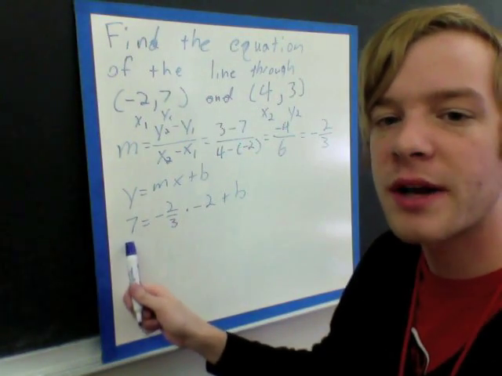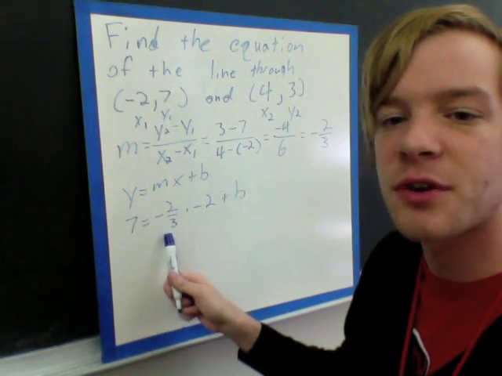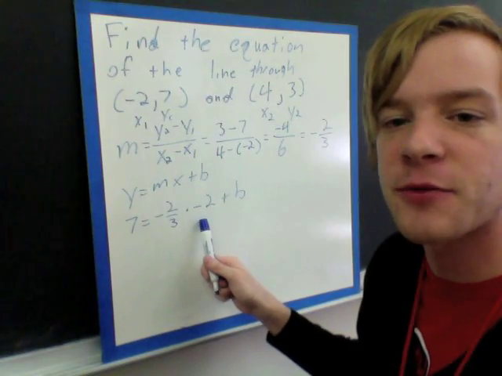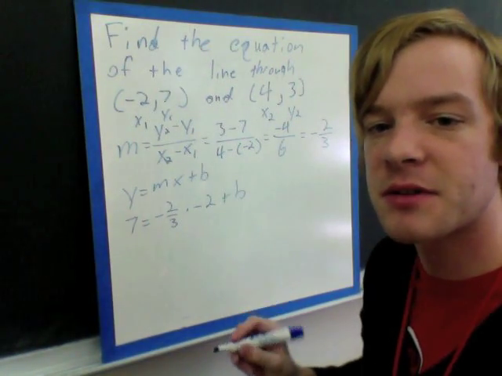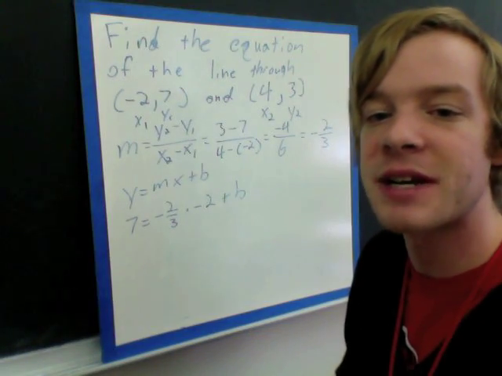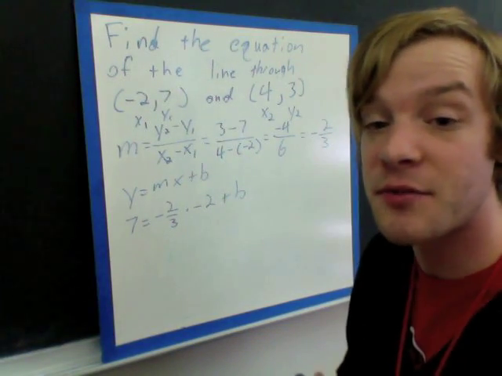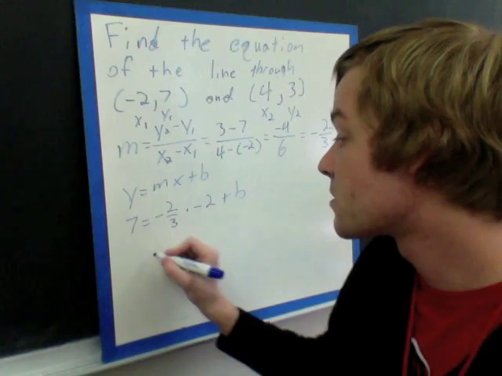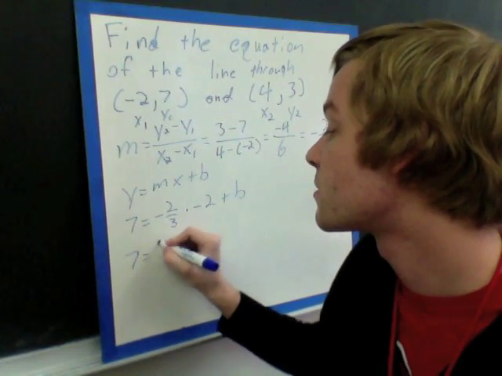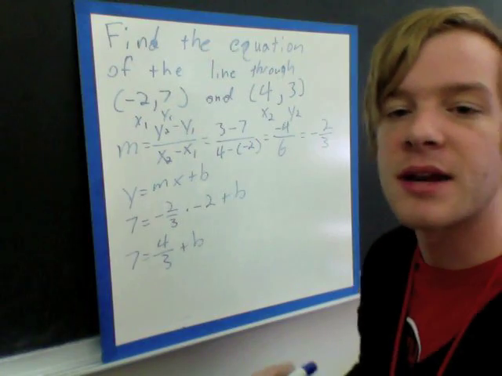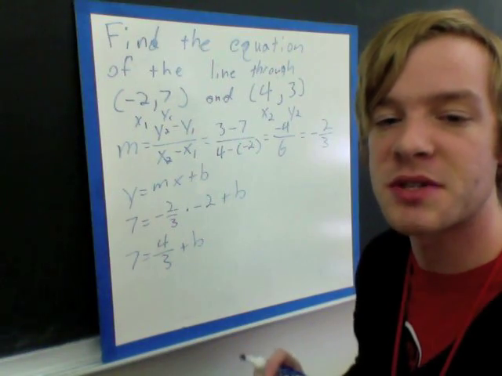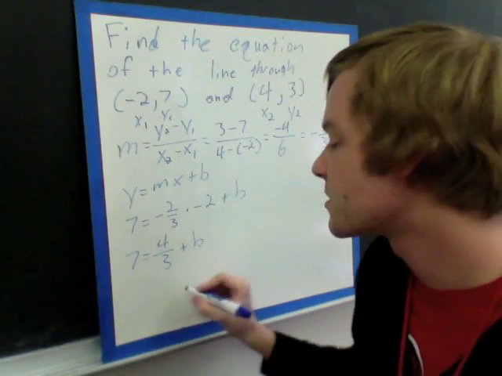So I have my y, I have my m, which I just solved for, I have my x from my first point, and I have plus b here. So I'm going to multiply these together. Negative 2/3 times negative 2 is going to be positive 4/3. And now I need to solve for b, so I'm going to subtract 4/3 on both sides.